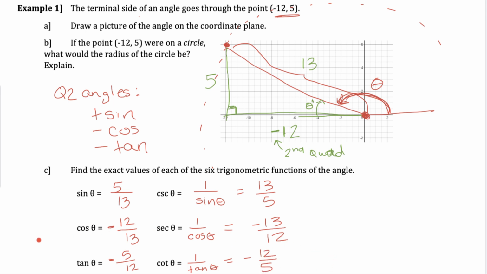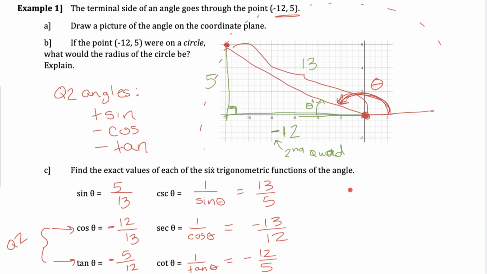So again, notice these are both negative because we're in quadrant 2. That x value is negative, and because that x value, or the adjacent side of the triangle, comes into play when we're talking about cosine and tangent, the overall function is also going to be negative.